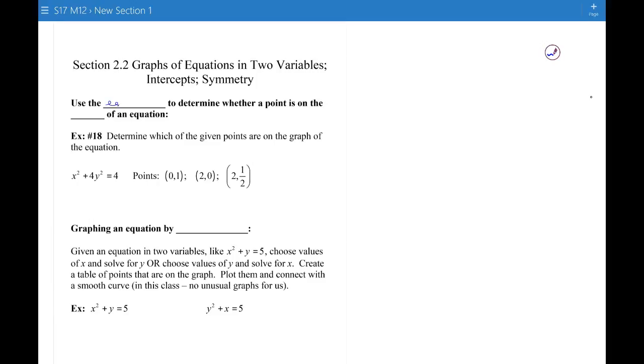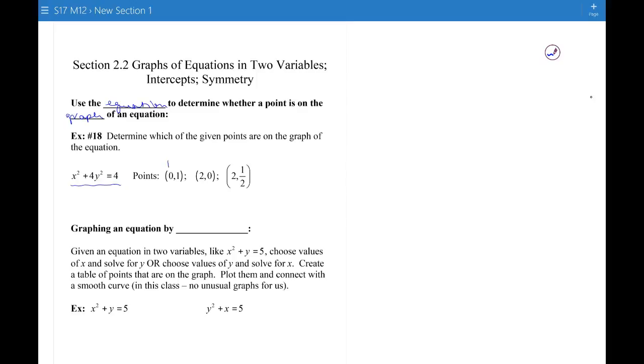So we're going to use an equation to determine whether a point is on the graph of an equation. So we're deciding which of these points are on the graph of this equation. Well, we will learn about equations like this later and learn that this is actually the equation of an ellipse.